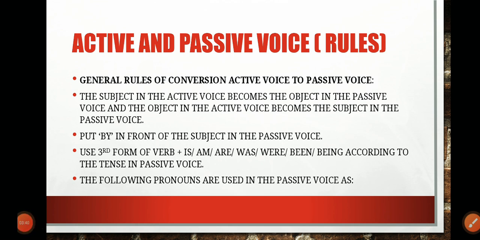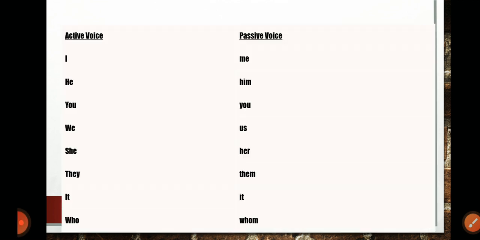Then the third rule is that the following pronouns are used in the passive voice. Here is one chart I have prepared for all of you. I will be converted into me, he will be converted into him, we will be converted into us, she will be converted into her, they will be converted into them, it will be converted into it, who will be converted into whom, and you will remain you.